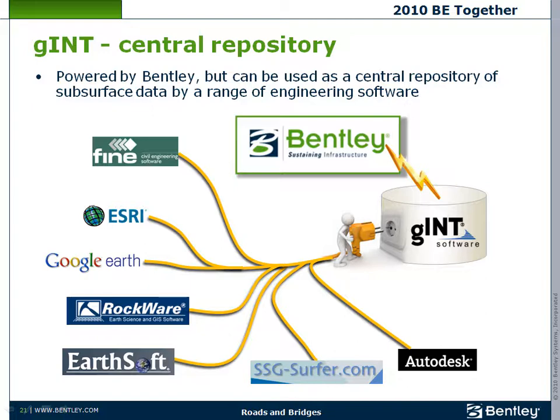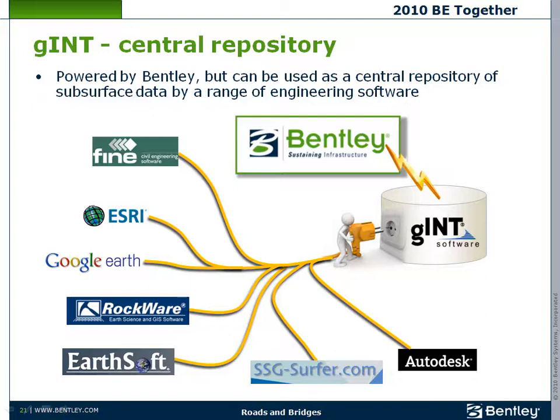And then we have Google Earth, becoming more and more popular. There is a gINT for Google Earth that comes with gINT. It enables you to harvest your data from the gINT database and display it on the map, display links to borehole logs and any kind of reports as well.